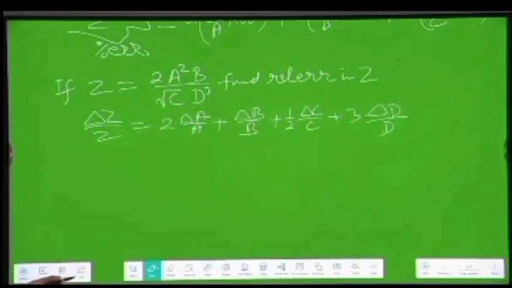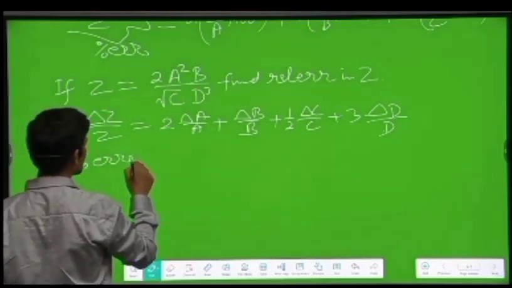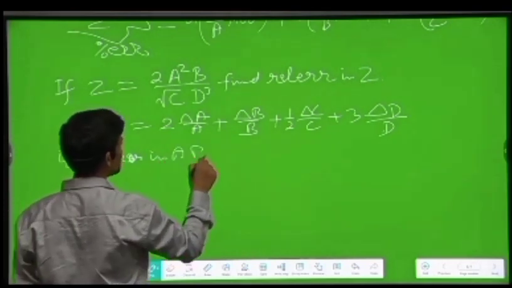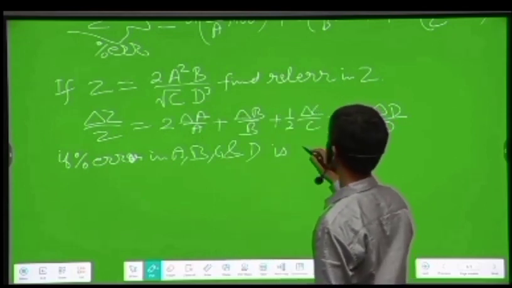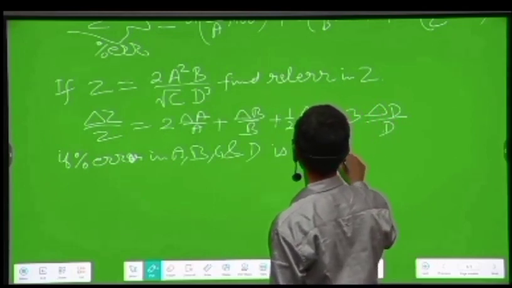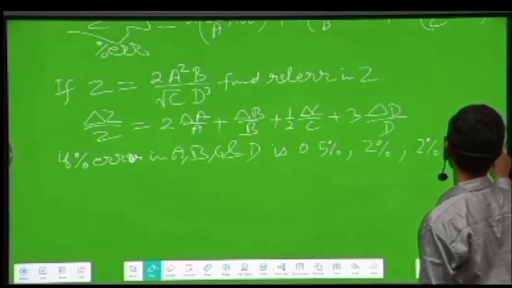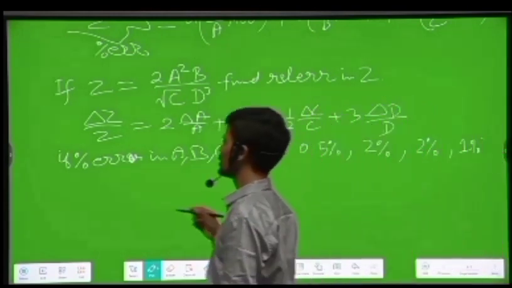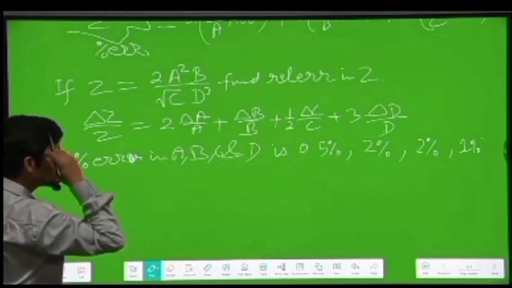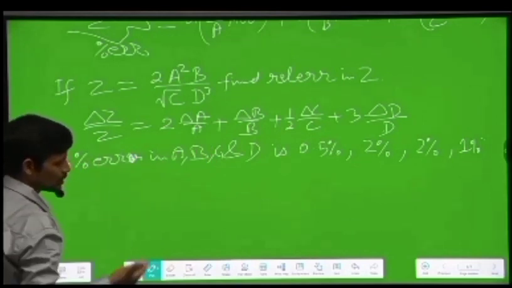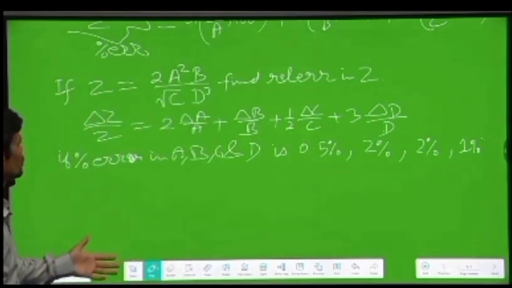And in the same question, if it is given that the percentage error in A, B, C, and D is, let us suppose 0.5%, 2%, 2%, and let us suppose 1%, then find the percentage error in delta Z by Z. So after expanding it like this, we can show it if it is a descriptive question, but for MCQs we have to just apply that logic.